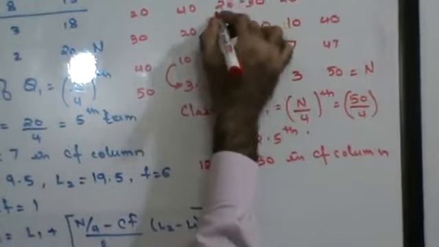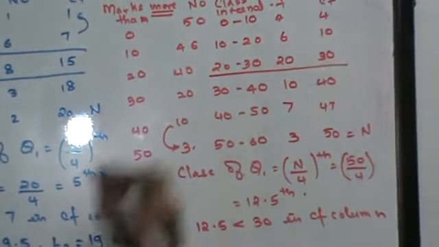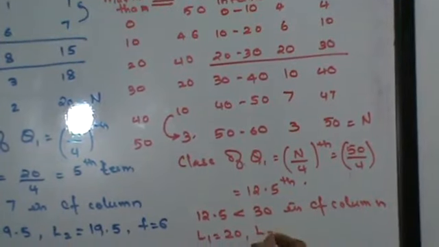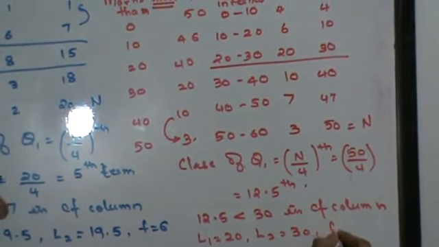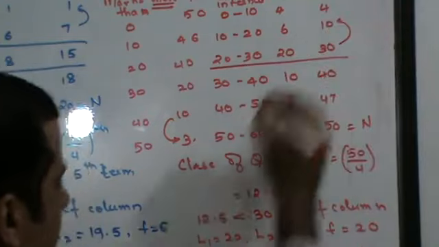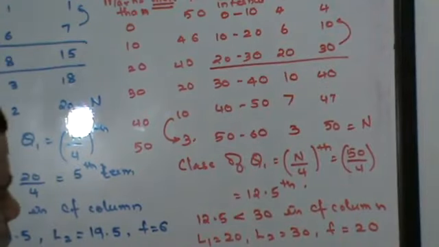If 12.5 is less than 30 in the CF column, then I can say L1 is 20, L2 is 30, F is 20, and CF is the number above this. So CF is going to be equal to 10.